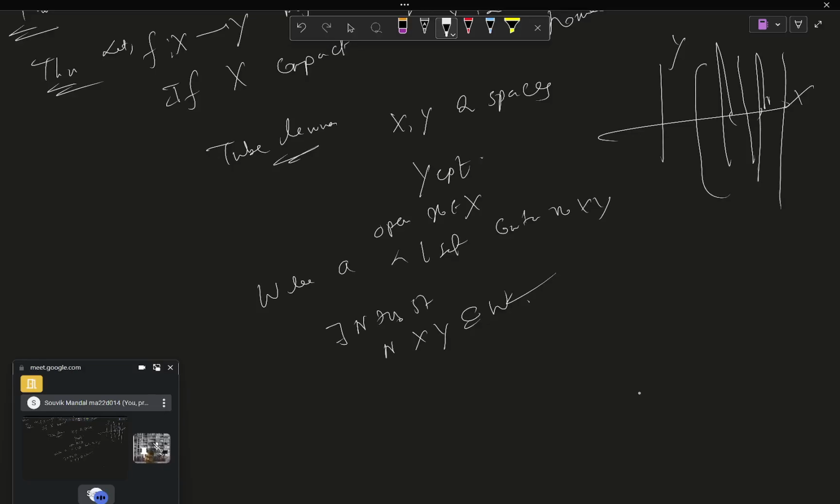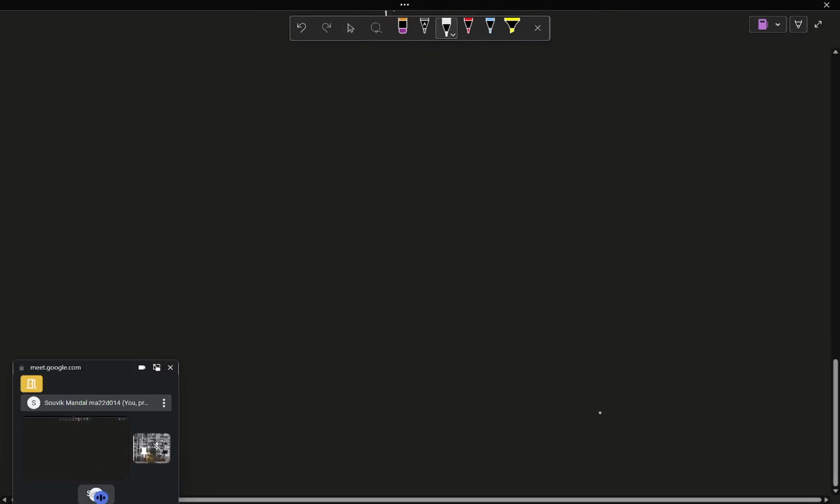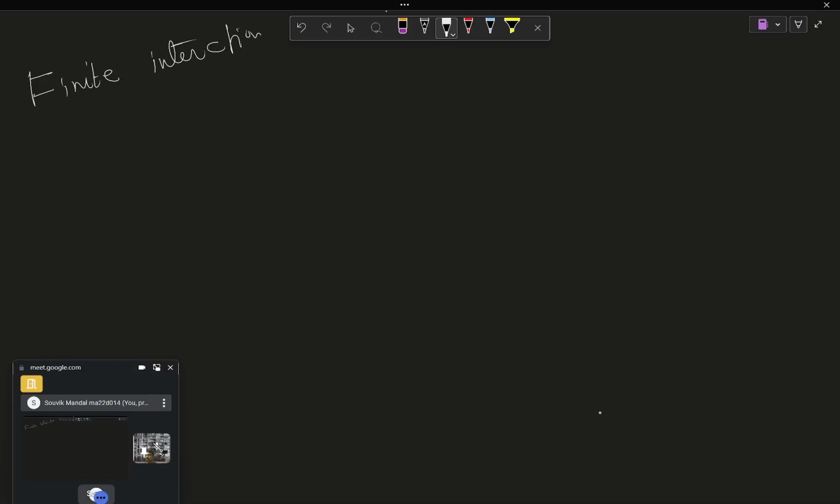Another property for checking compactness is the finite intersection property.